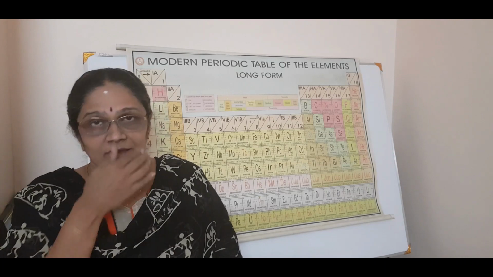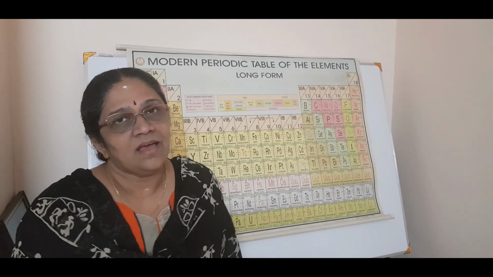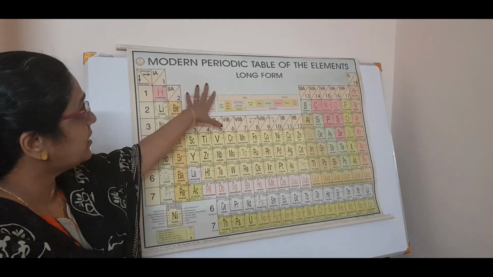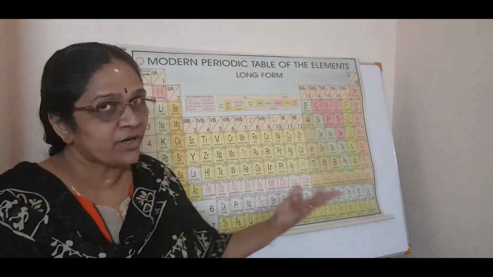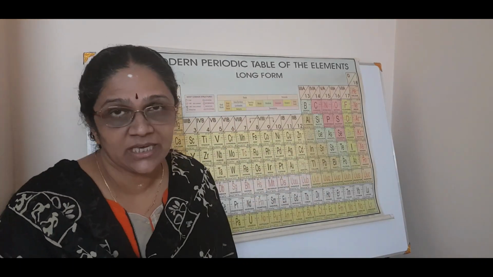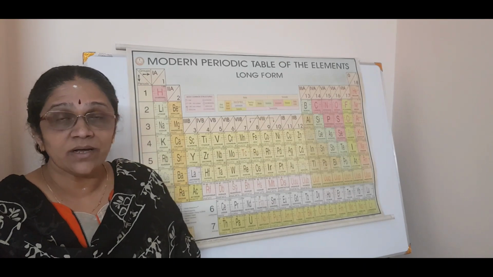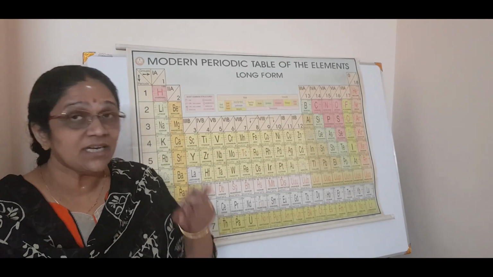We have seen the modern periodic table, or long form modern periodic table, in the last session, where the elements are classified according to their chemical properties. And you have also studied the modern periodic law. You have studied two laws.